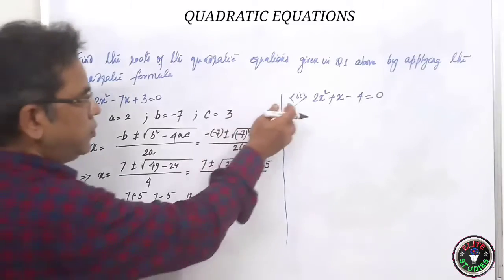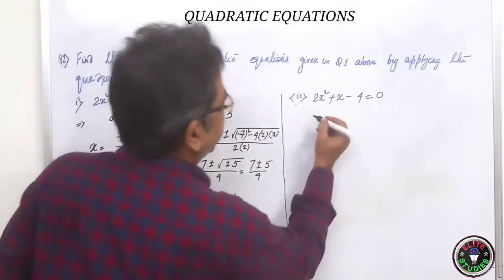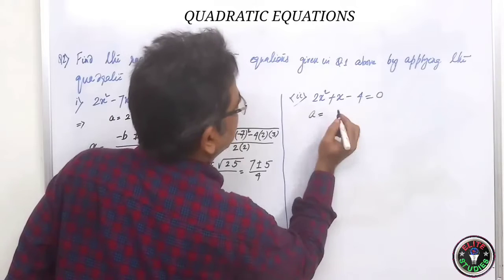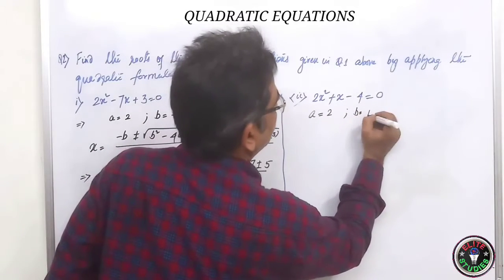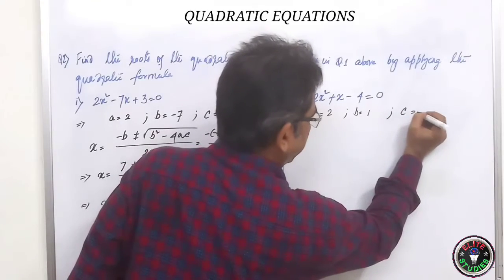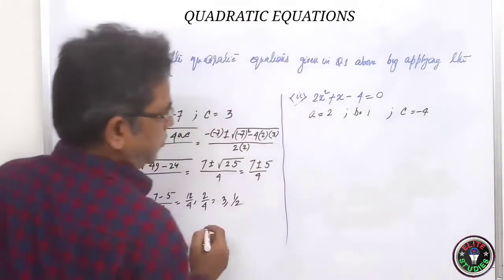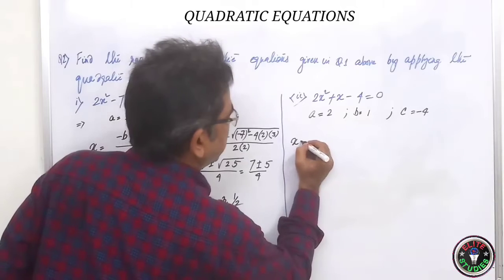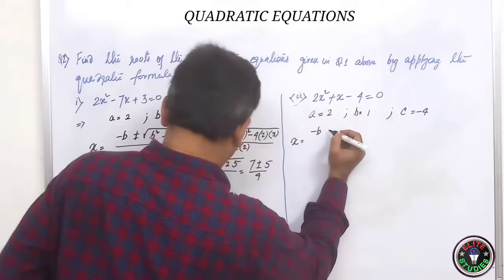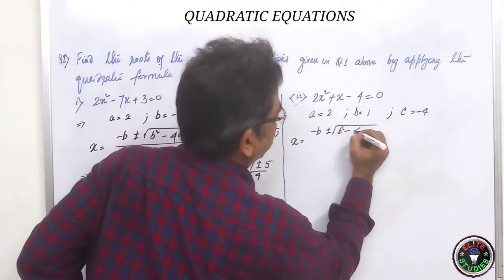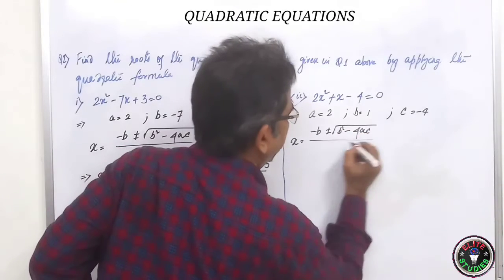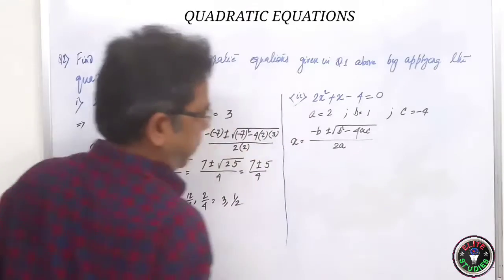Now let us do the second one. Here a is equal to 2 and b is equal to 1 and c is equal to minus 4. So now putting x is equal to minus b plus minus root over of b square minus 4ac by 2a.